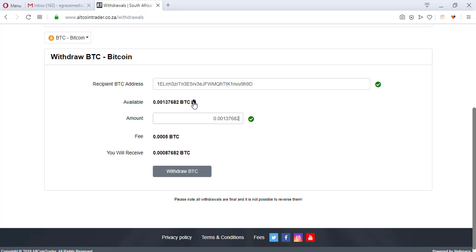So I'm just gonna copy here, and I want to send this amount of Bitcoin, and I'm gonna get charged 0.005 Bitcoin. So instead of this amount, I'm finally gonna receive this amount of Bitcoin, right? If I go ahead and click withdraw right now, my Bitcoins will be sent to that wallet.